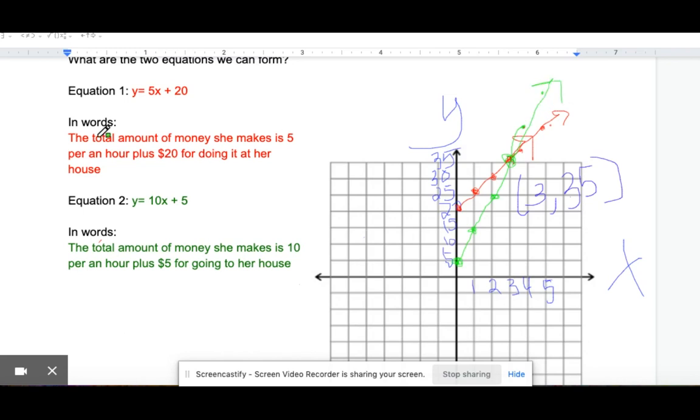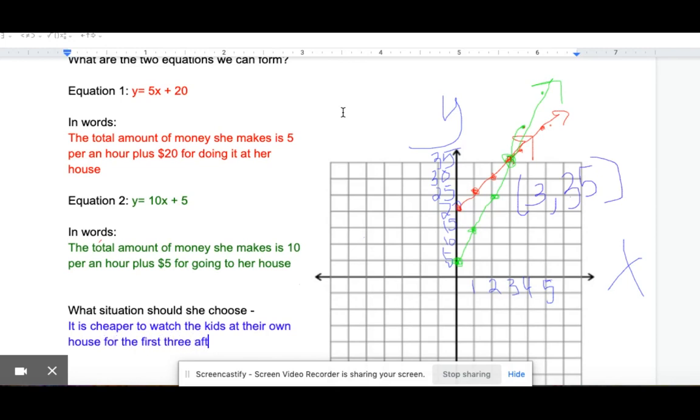And so sometimes they might ask you, like, what situation should she choose? You would answer that by saying, it is cheaper to watch the kids at their own house for the first 3 hours. Because for the first 3 hours, it's cheaper to do the green one, the one where Katie's going to the kid's house.